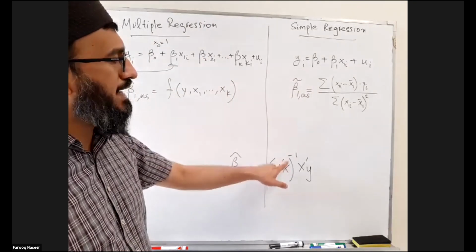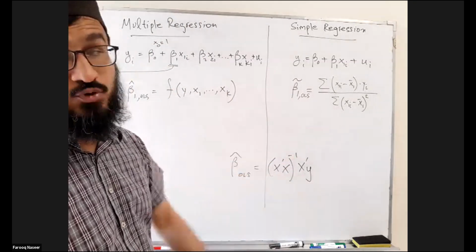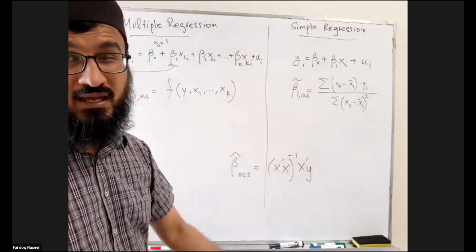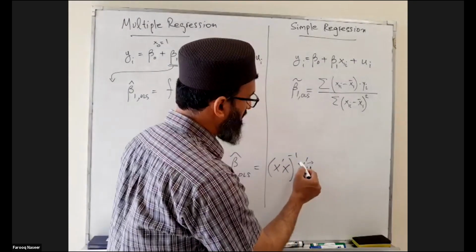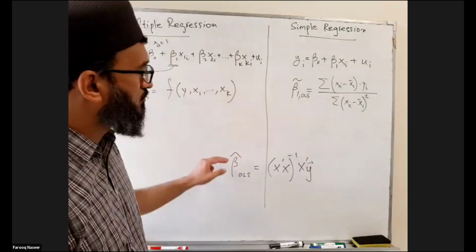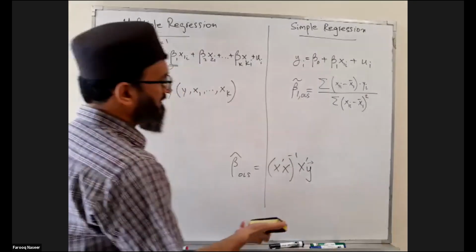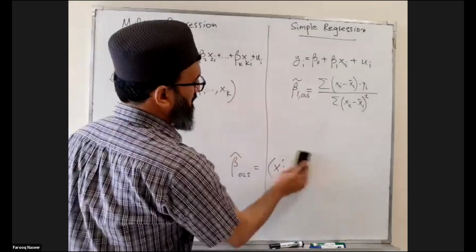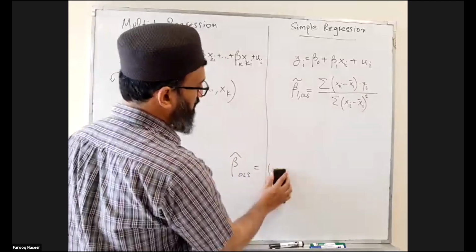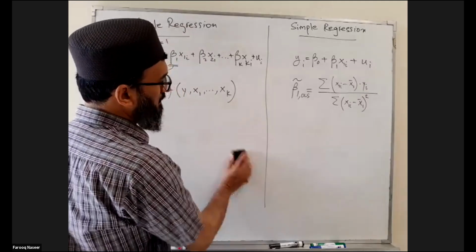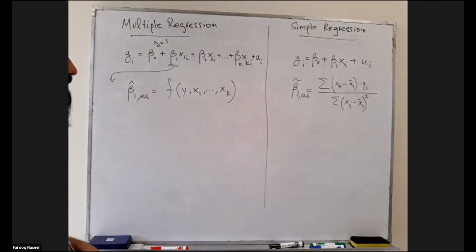So X transpose X is a matrix. Invert it and multiply it with X transpose y, where y is your vector of n observations on the y variable. The result is a vector of beta coefficients. So obviously there's no simple way of pulling out one beta coefficient from that formula, but you can see that beta 1 hat is going to be a function of all the variables.